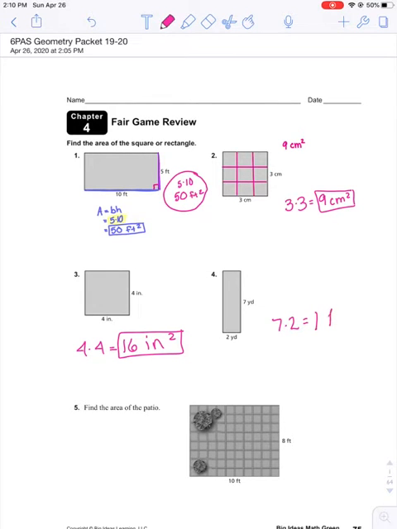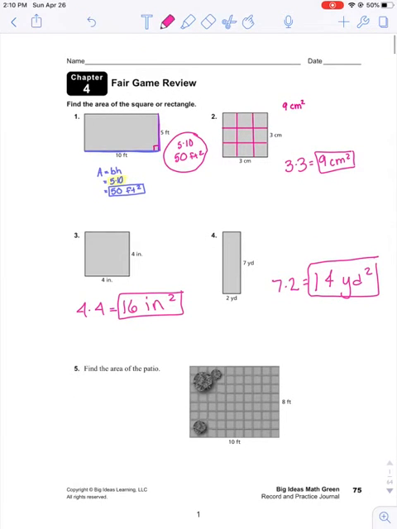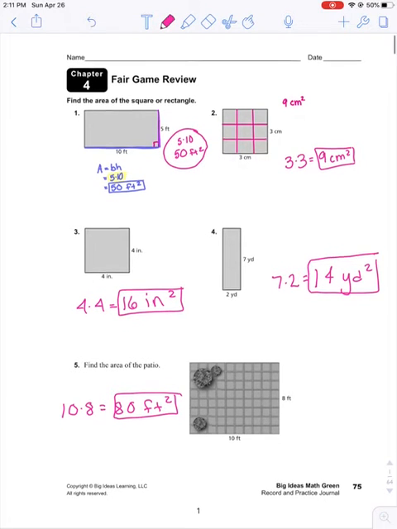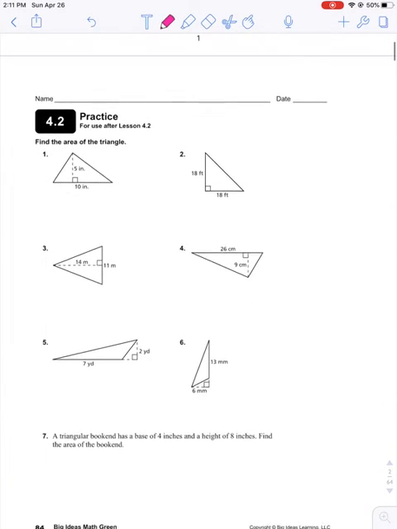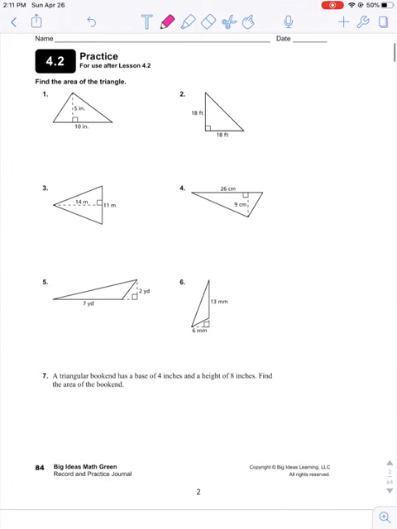Number 4, 7 times 2, or you could do 2 times 7. That order doesn't matter. That equals 14 yards squared. Box your answer. And then on number 5, 10 times 8, or 8 times 10, equals 80 feet squared. Check over your work. Make sure you have all the required elements.